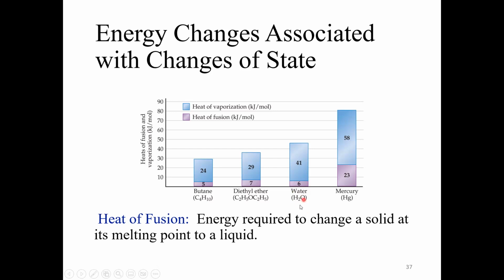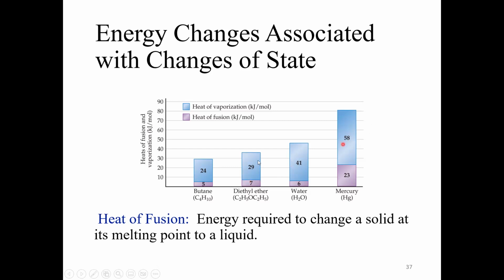So even though it's got hydrogen bonding, it's going to be smaller than the rest of these. So these will have higher dispersion forces, particularly with mercury. And then when we look at the heat of vaporization, now we can really see the trend we'd probably expect. Because again, we've got dispersion force, dipole-dipole, hydrogen bonding, and then really large dispersion force here.